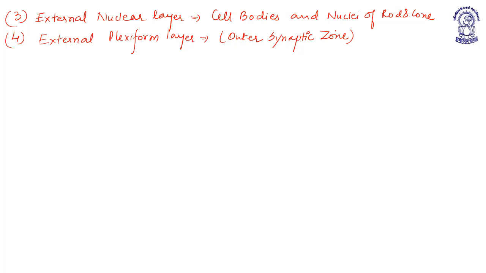The axons of rods and cones synapse here with the dendrites of bipolar neurons.